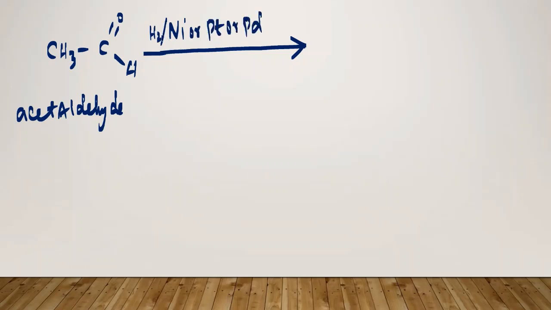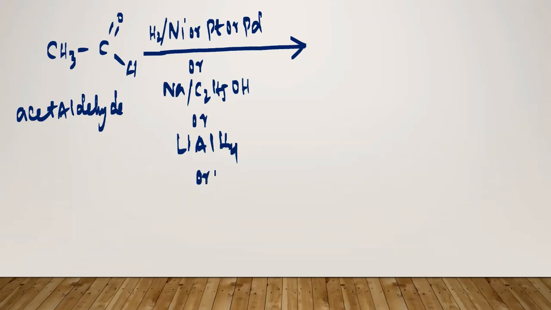That is addition of hydrogen. In the second case, if you don't want to use this, you can use sodium in ethanol, C2H5OH. If you don't want to use this, you can use lithium aluminium hydride.